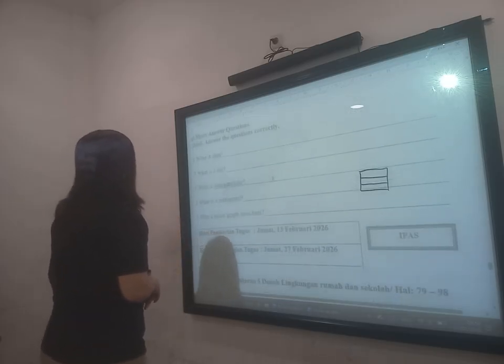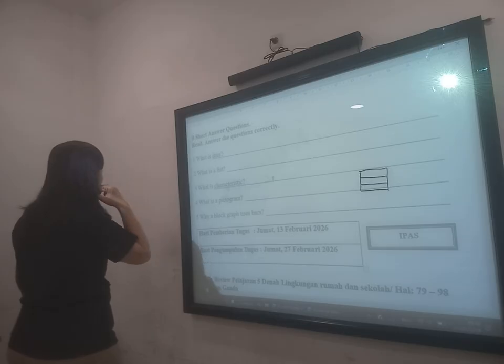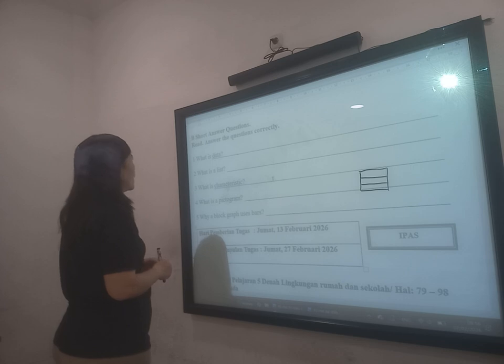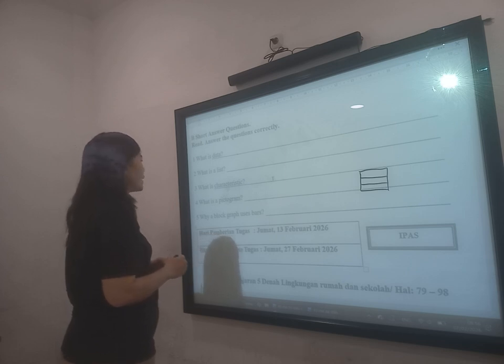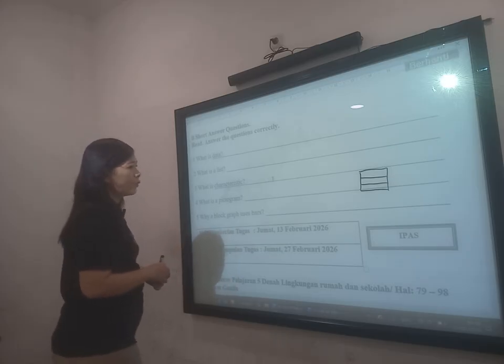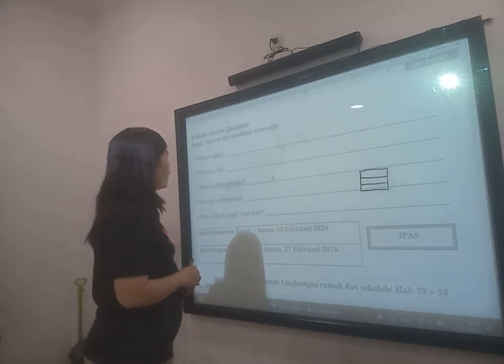Part B. What is data? Data is information that we collect. For example, we want to find data about the students' favorite food, so we make questions and answers to find the information.